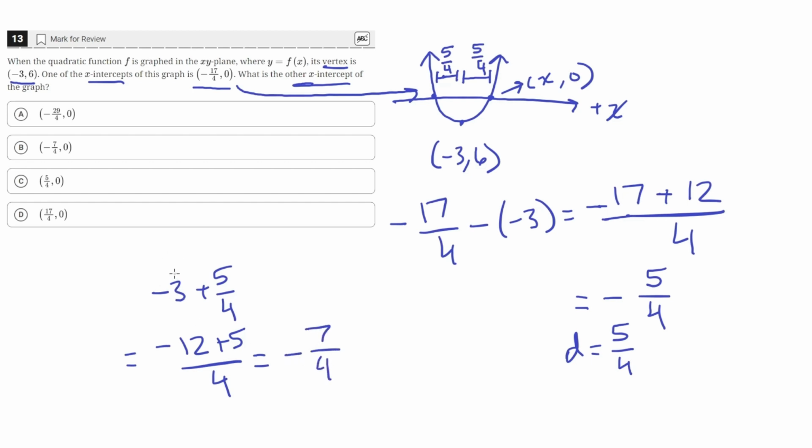I just turned this negative 3 into negative 12 over 4, and that allows us to add these two terms together, since now they have a common denominator. So the value of x at the x-intercept is going to be negative 7 over 4. And the y value will just be 0, since it's an x-intercept. So that's answer choice B.